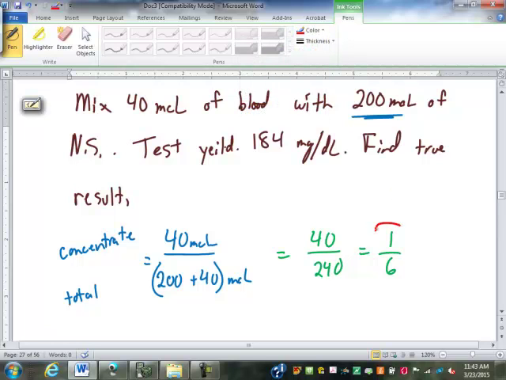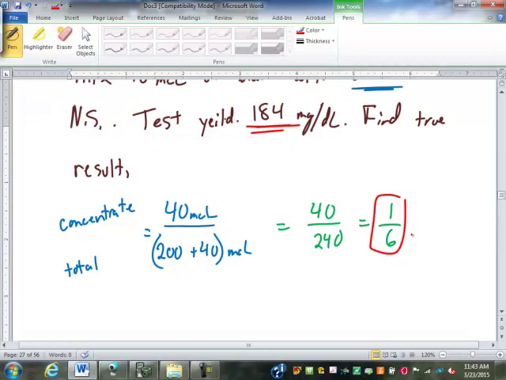Once we know the dilution, we have to think about, based on our test result of 184, would the actual non-diluted result be lower or higher than that? Since we know this exceeded the meter, the actual result is high compared to our test result.